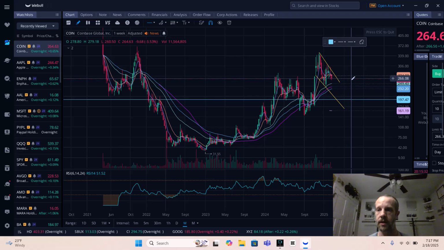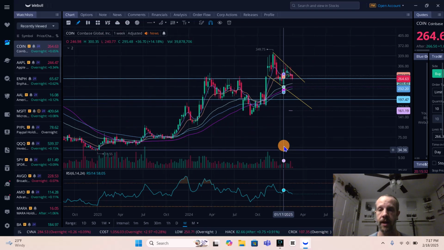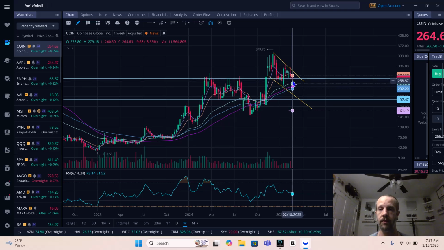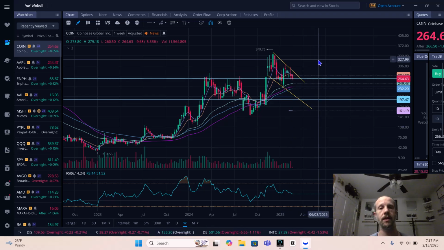It needs to hold and close above this level this week to see any more upside next week. But if the price and candle ends up closing down here at some level, we're probably headed more down, in my opinion. For now, cautiously optimistic.